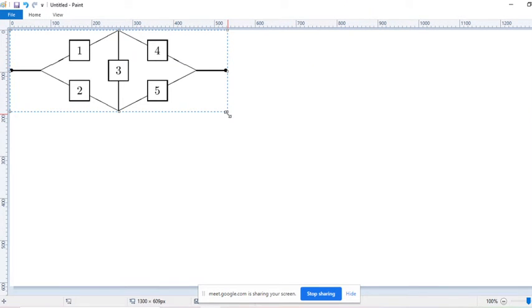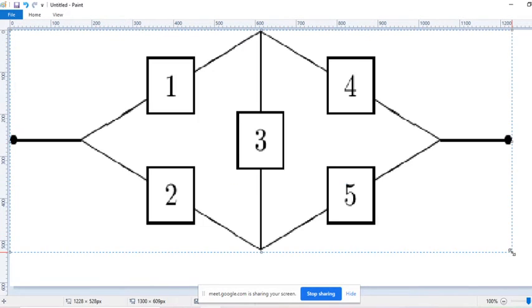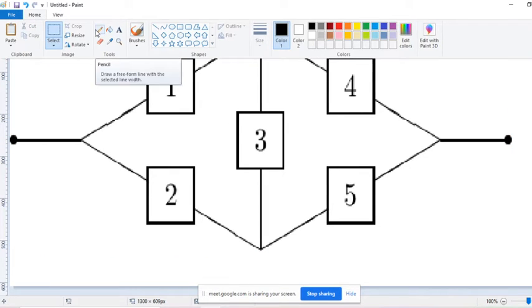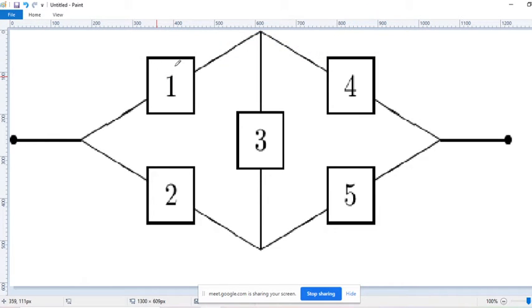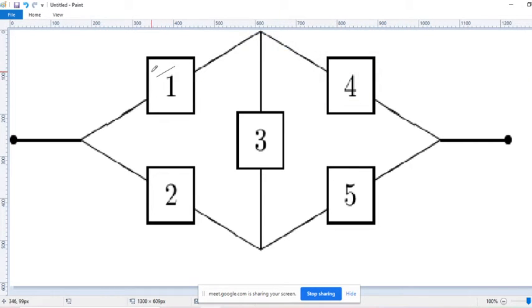Suppose these are functioning. This is functioning, this is functioning, and this is functioning. Then a signal from here can go through 1 and 4 and reach here.